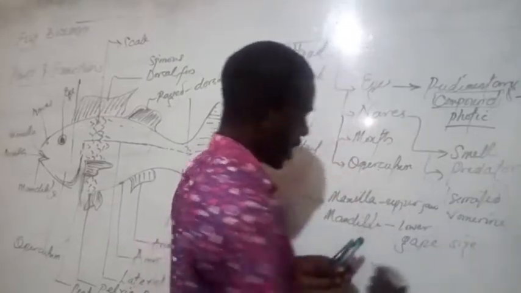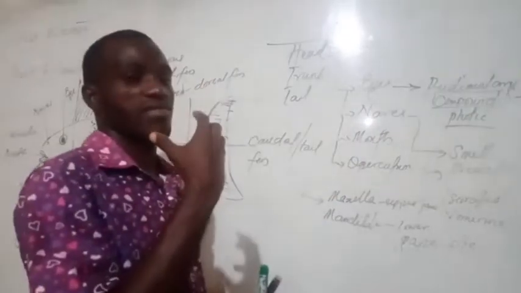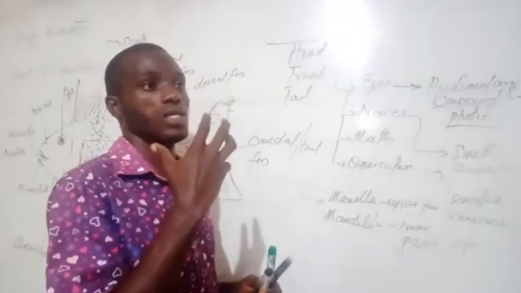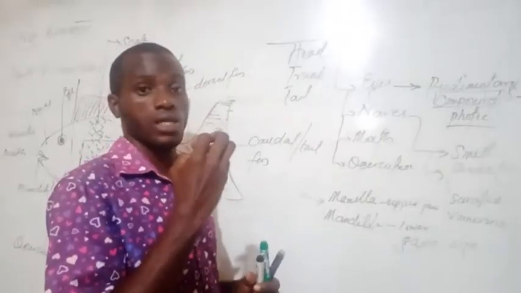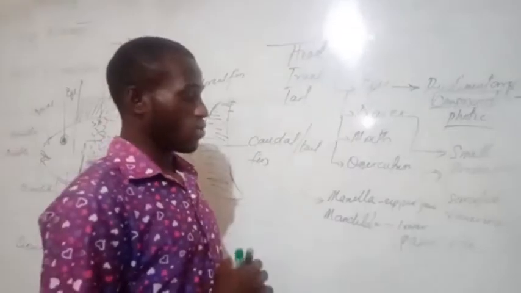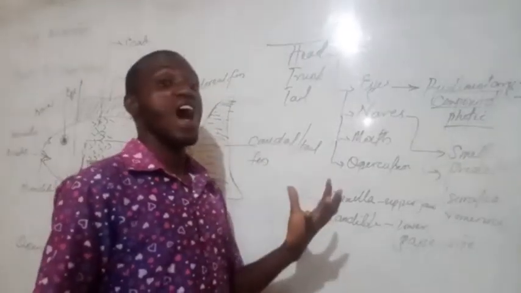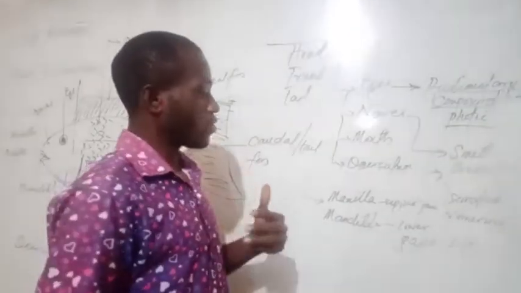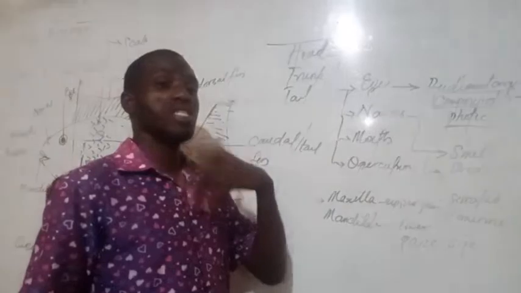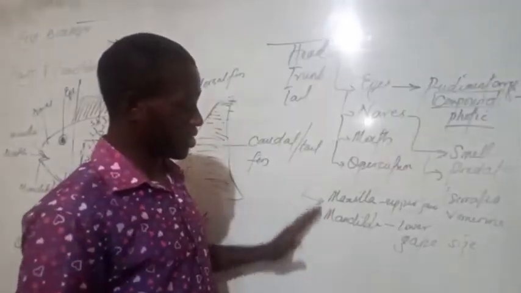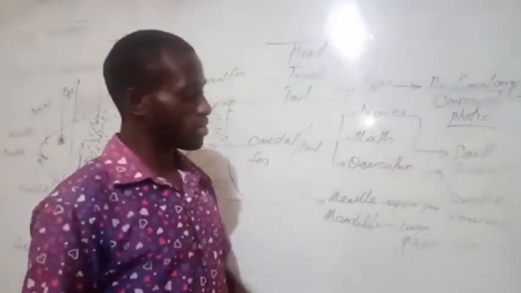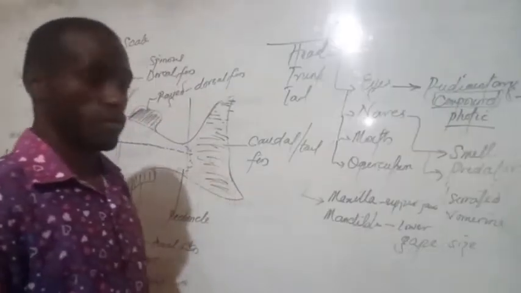Gape size is how much space the mouth can contain a prey, for example, a food. So for example, if I open my mouth, that is my gape size. So the movability of the mandible and maxilla determines the gape size. That's basically for the mouth.